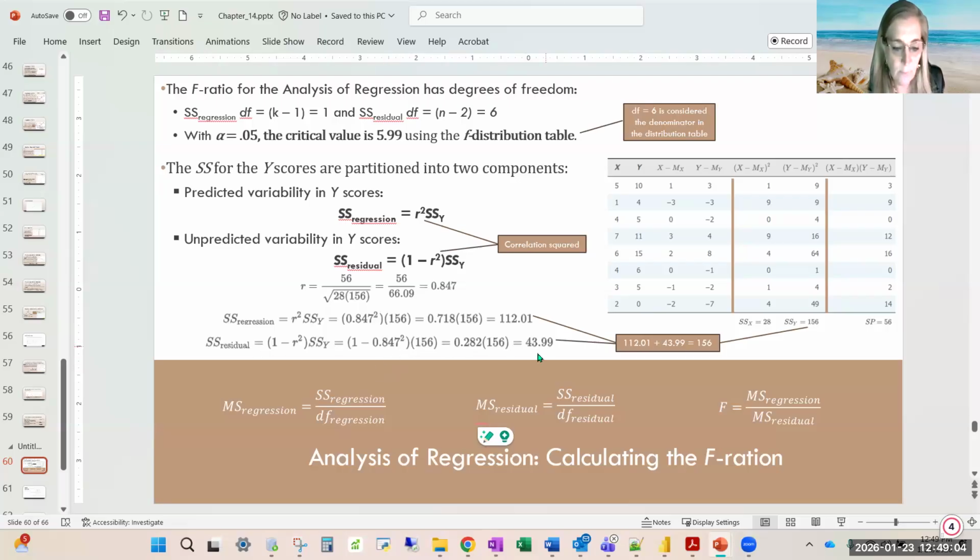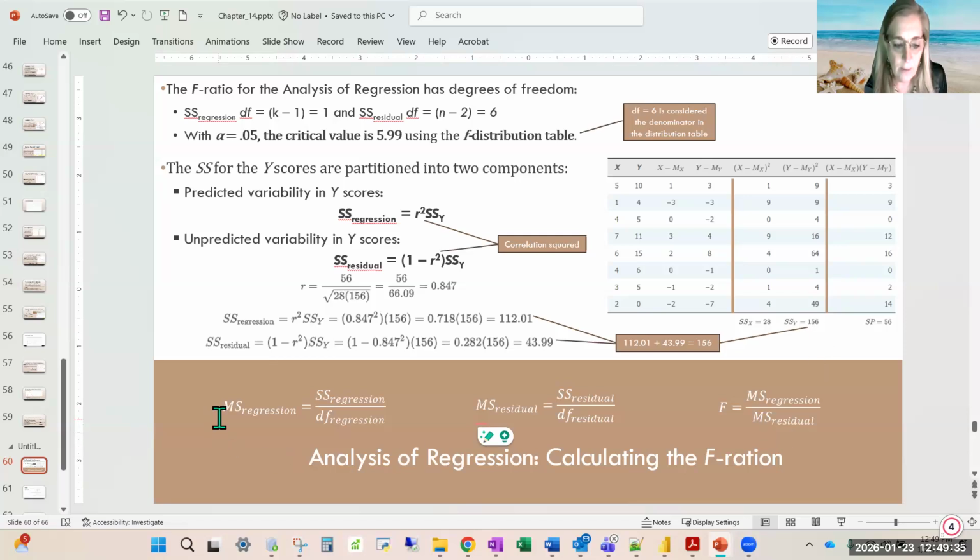It's basically the same formula, only in the first step you're subtracting R squared from 1, and that would be what's left over. And it is 43.99. And by the way, if you take that first calculation and add the other calculation to it, you'll find that the total equals 156, which was the sum of squares for Y.